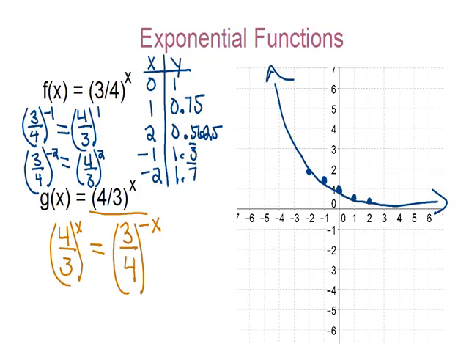So that tells me that it is a transformation of a y-axis reflection, which means we don't have to do a whole second table. We can just take each of our points and reflect them about the y-axis. So we've got something like this.